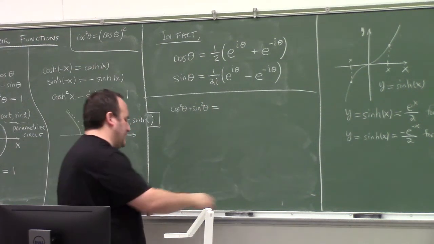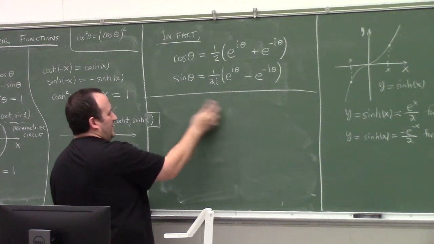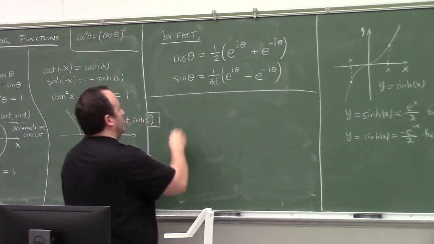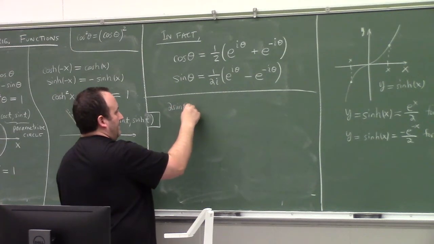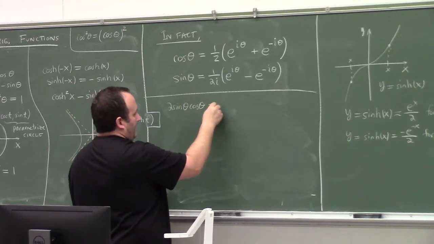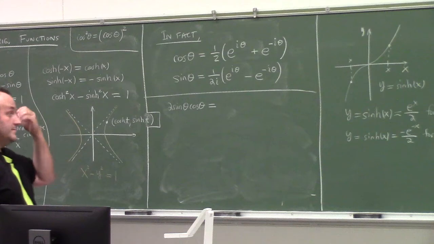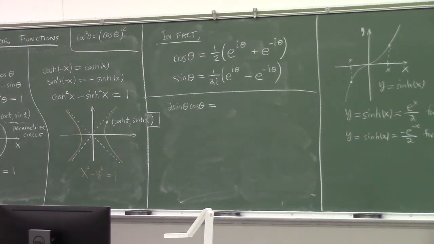Actually, let's do something more interesting. That's not impressive, you already know that. What is twice sine theta cosine theta equal to? Anybody remember?